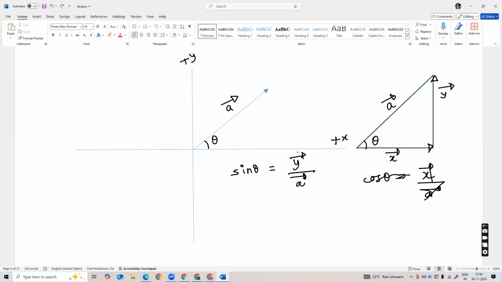so we are using simple Pythagoras theorem for, first of all, finding the component of this given vector along x and y direction. So here the component of a along x direction is a cos theta, whereas the component of a along y direction is a sin theta.